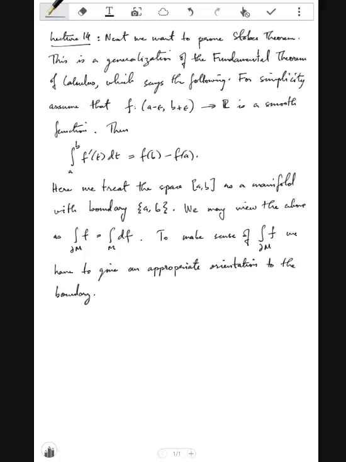And let us see another example, which is probably more relevant.